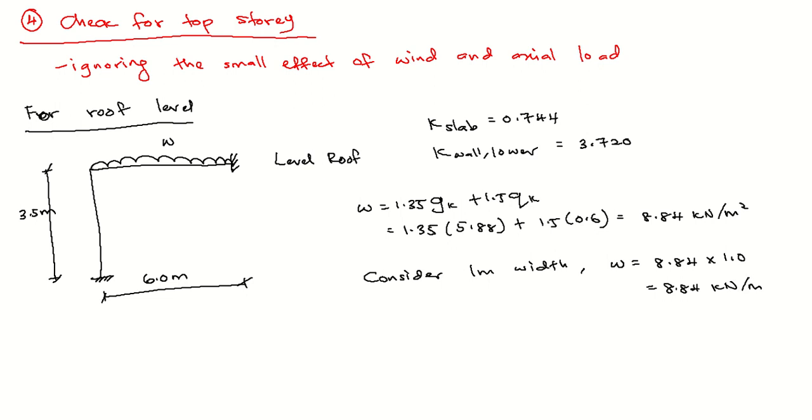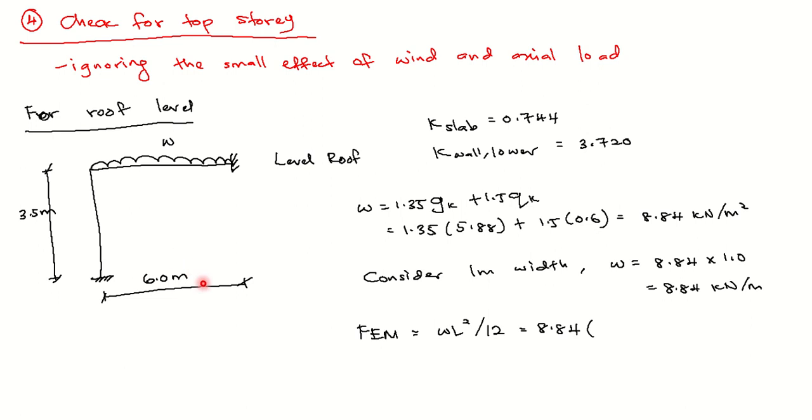Once you get the W, next we want to figure out what is the FEM, fixed end moment. So fixed end moment equals to the formula WL squared over 12, and W is 8.84, and L is the 6 meter here.